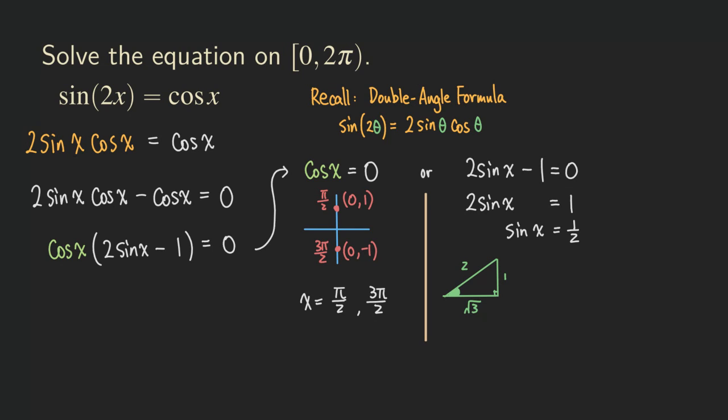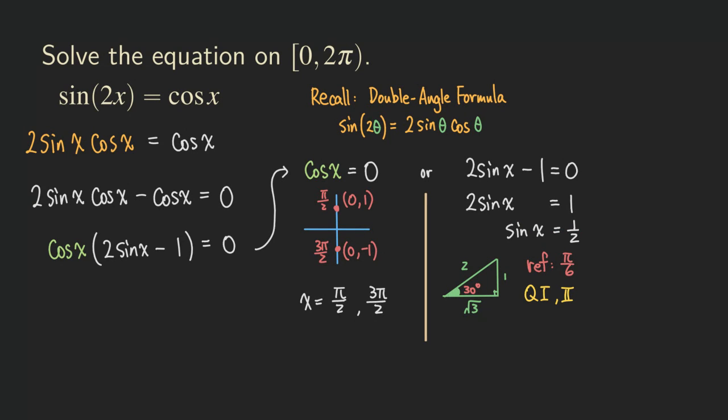And as we all know, the opposite side that's facing the angle that we are considering would be 30 degrees, because it's facing the 1. So now we can see that our reference angle would actually be 30 degrees, so that would be pi over 6. And then what about the quadrants? The quadrants are 1 and 2, because sine is positive.